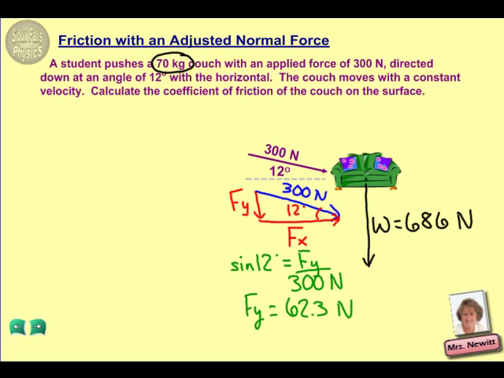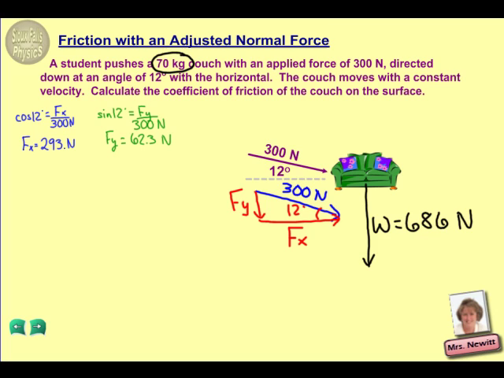Next, we can do the horizontal component, and the horizontal component is the adjacent side, and so in this case we would be using the cosine of 12 degrees, and that's going to be equal to the x component over our hypotenuse, which is again 300 newtons, and that means that our x component is equal to 293 newtons.